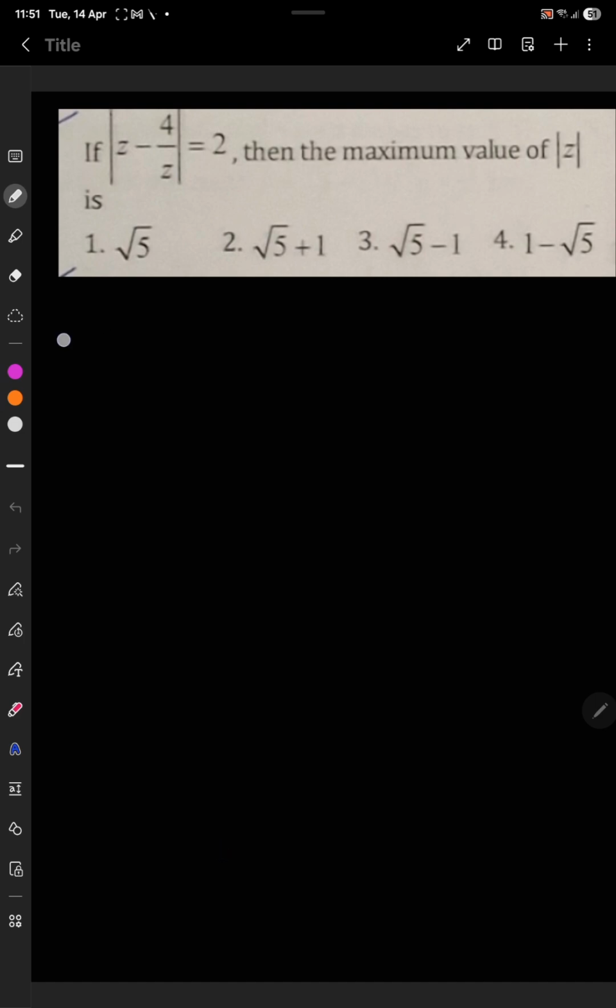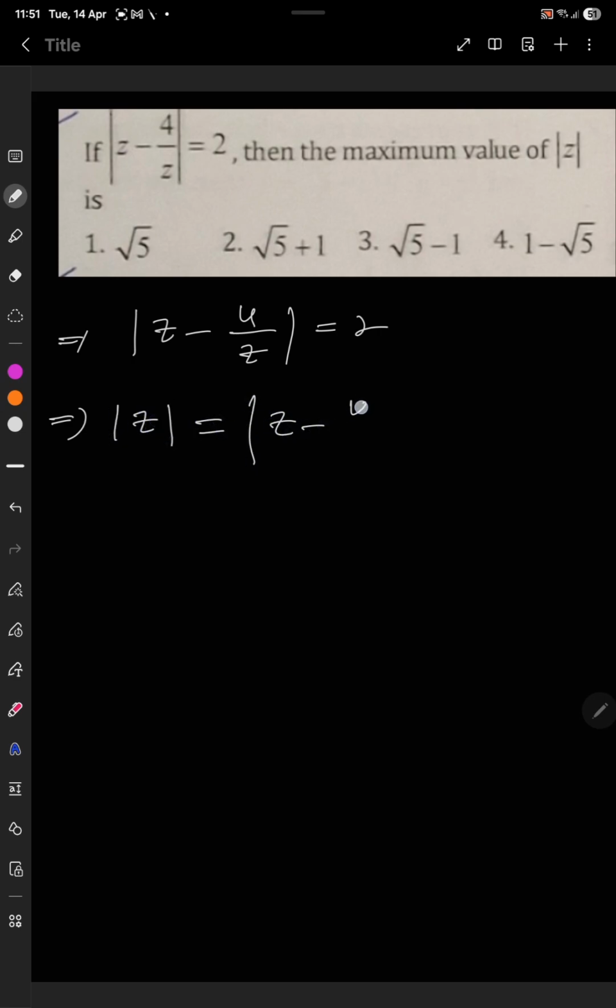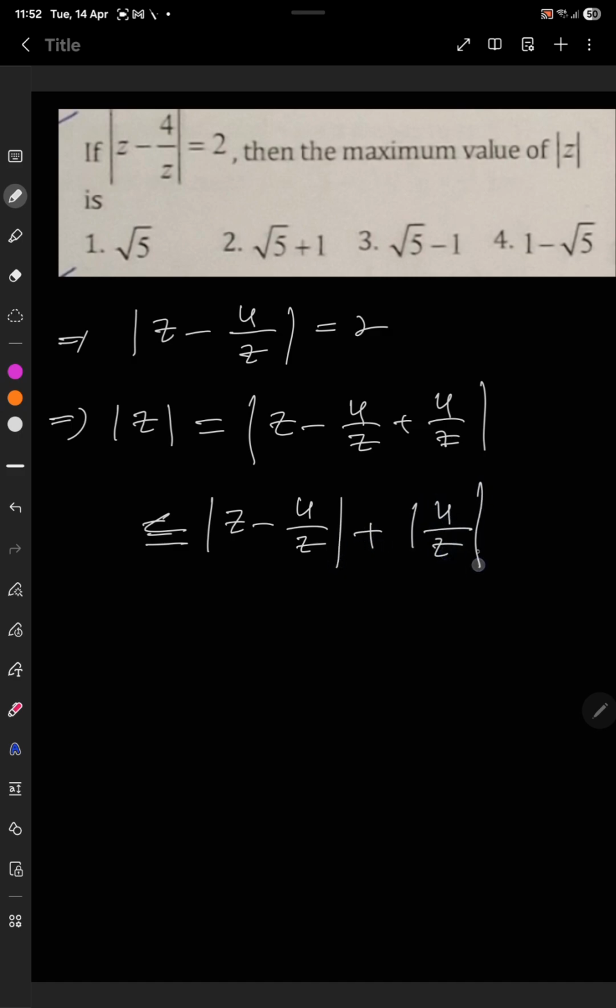In this problem, given that mod of z minus 4 by z equal to 2, then maximum value of mod z. So z can be written as z minus 4 by z plus 4 by z. We know that mod of z1 plus z2 is less than or equal to mod z1 plus mod z2.